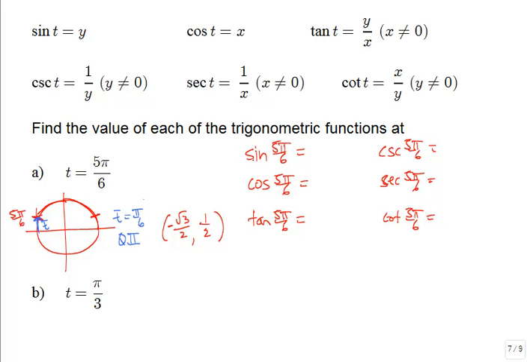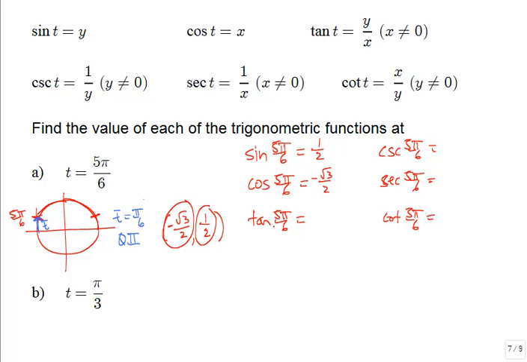By definition, the sine of this 5 pi over 6 is just the y value of our terminal point. So sine of 5 pi over 6 is equal to 1/2. The cosine of 5 pi over 6 by definition will always be this x value, so negative root 3 over 2.